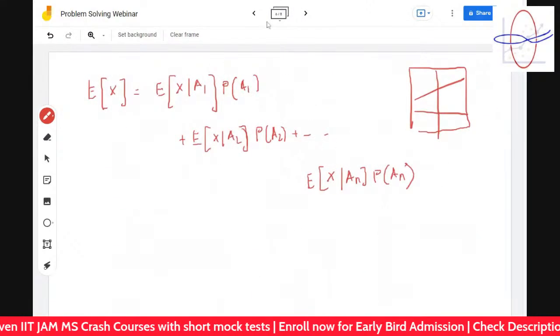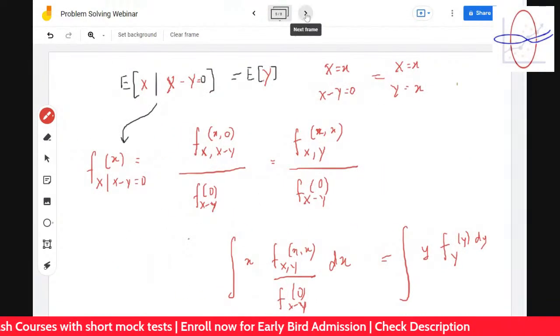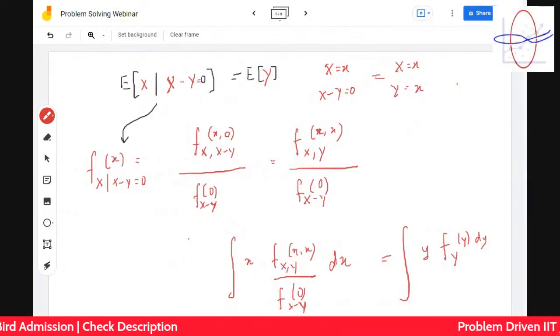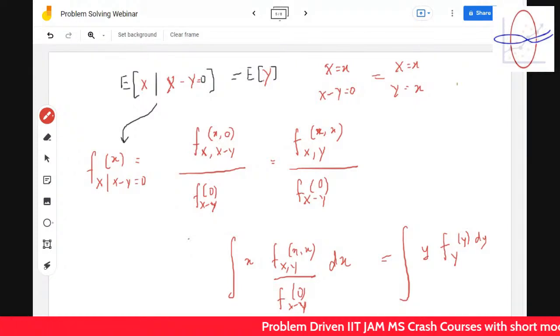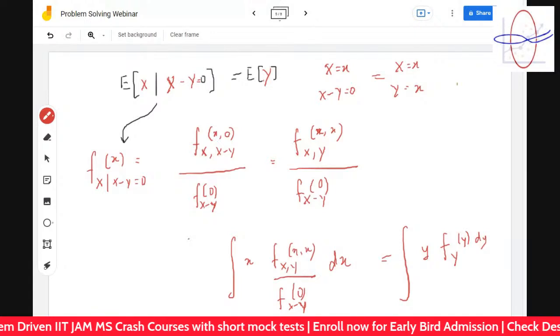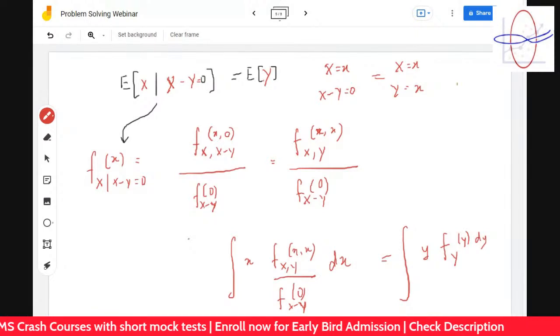So can you just apply this over here in some sense? Can I apply this over here in some sense?